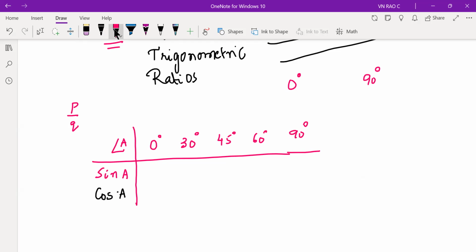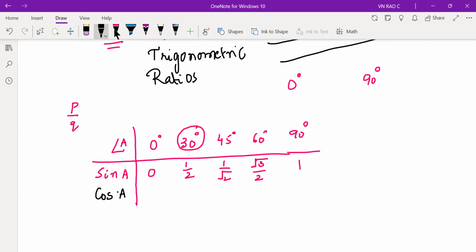Sine 0 is 0. Sine 30 is 1 by 2. Sine 45 is 1 by square root 2. Sine 60 is square root 3 by 2. Sine 90 is 1.